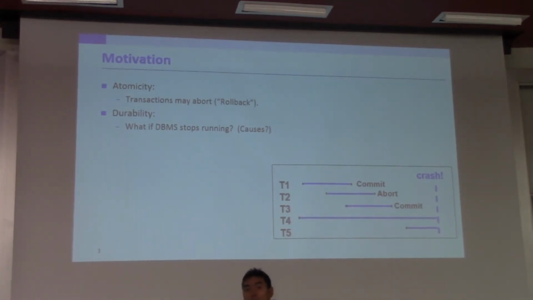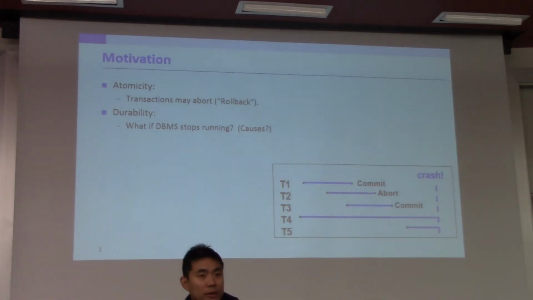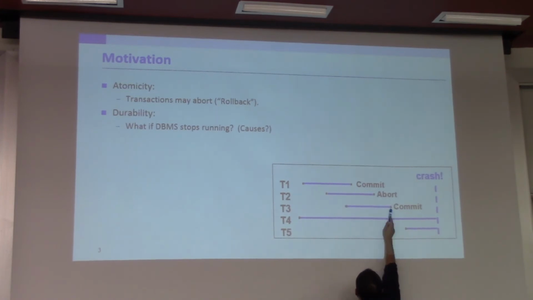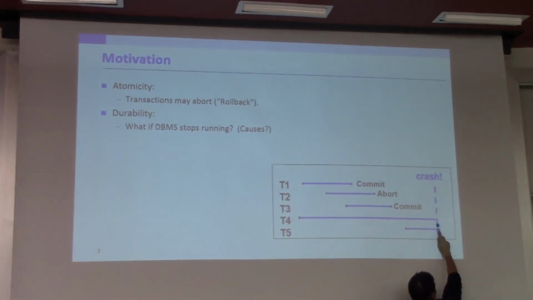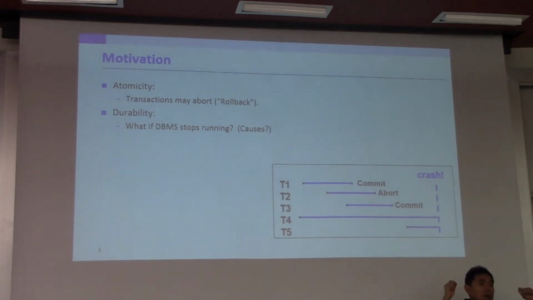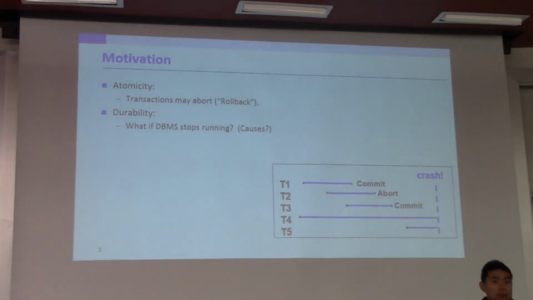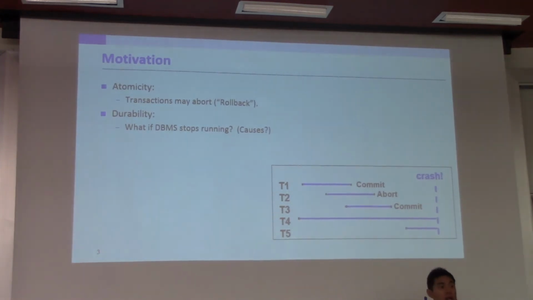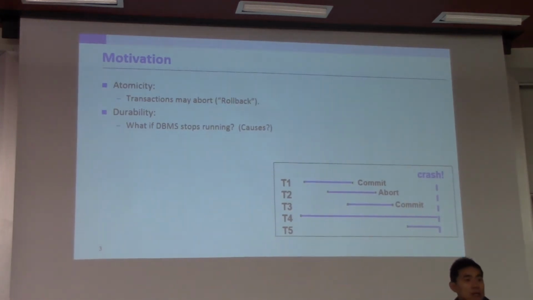To make matters even worse, what about the committed guys? For T1, most likely by the time the system crashed, because of the extended period of time, the changes made by T1 have been made permanent. You don't need to worry about T1 anymore. But for T3, you just committed right before the crash, so most likely some of the changes haven't been made permanent yet.